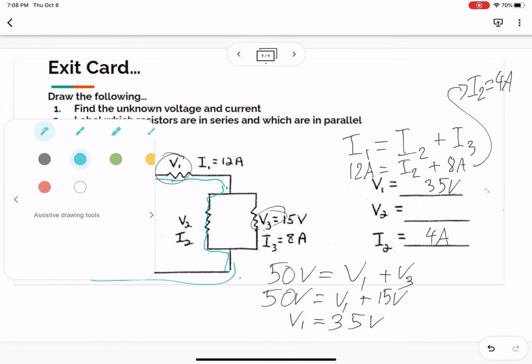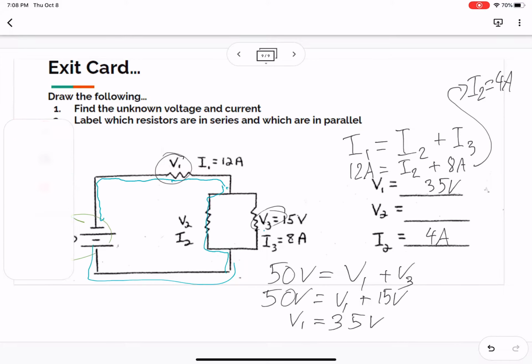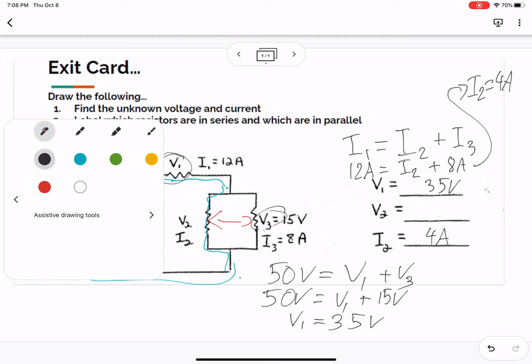The other piece of information we can use is that these two resistors are parallel to each other in this particular circuit. So they're both going to have basically the same voltage drop, and we can use that to figure it out.